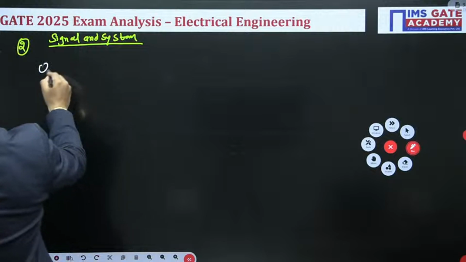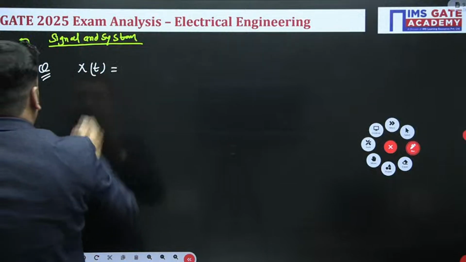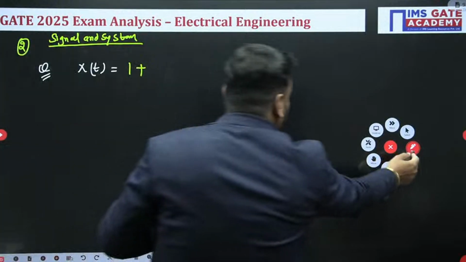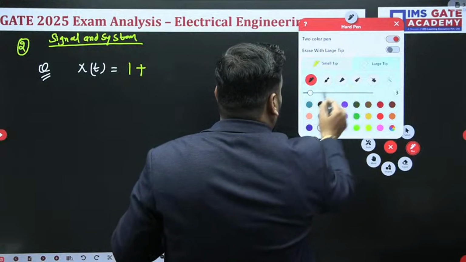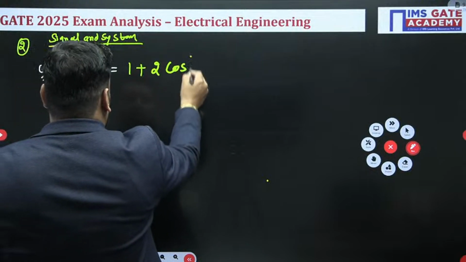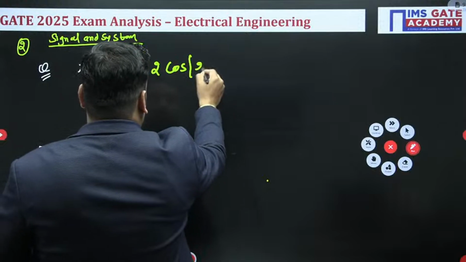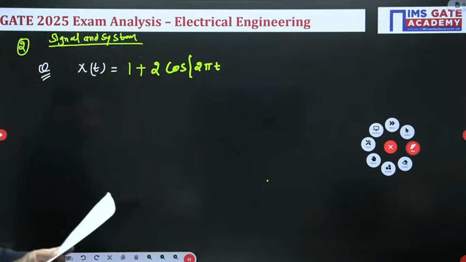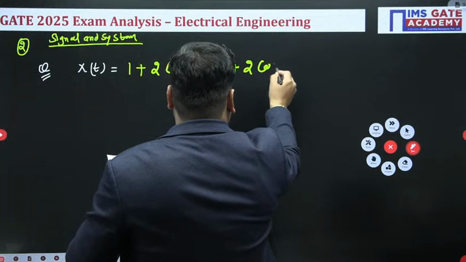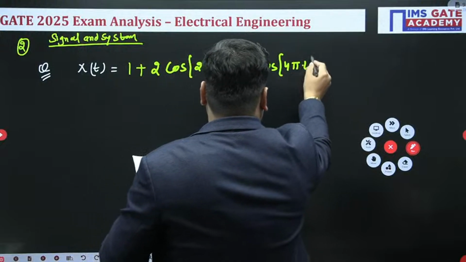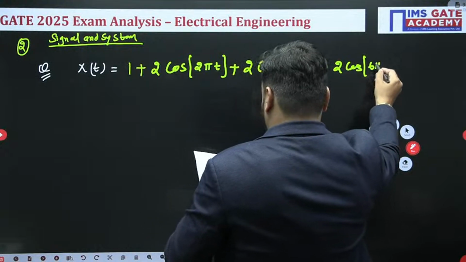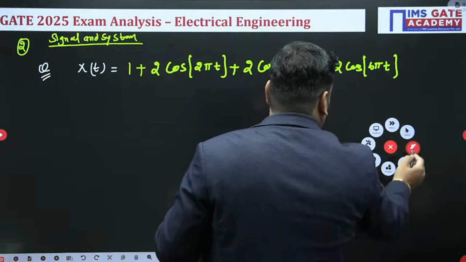In the question it is given that x of t is equal to 1 plus 2 cos of 2 pi t, plus 2 cos 4 pi t, and plus 2 cos 6 pi t. I hope it is clear, guys.